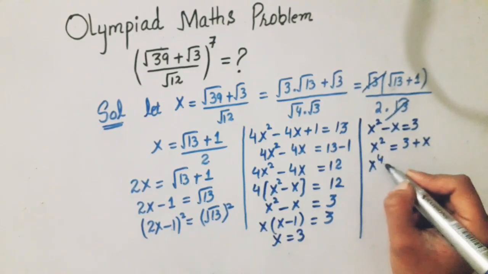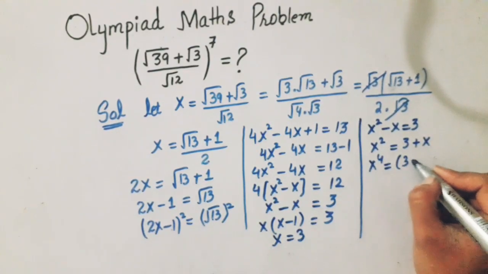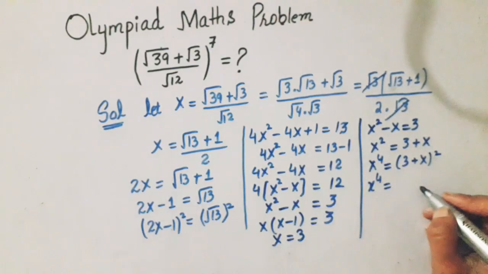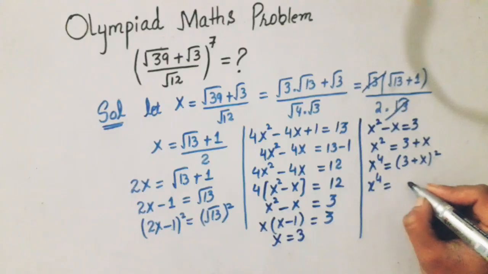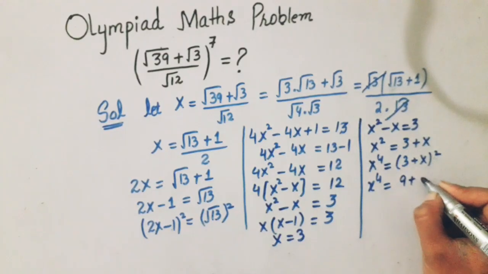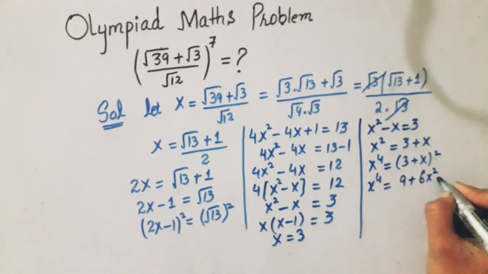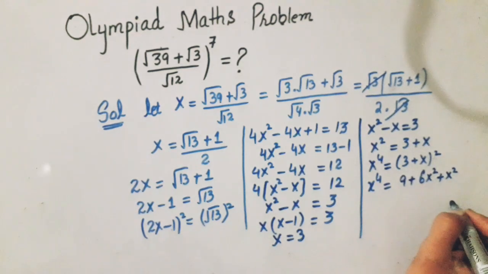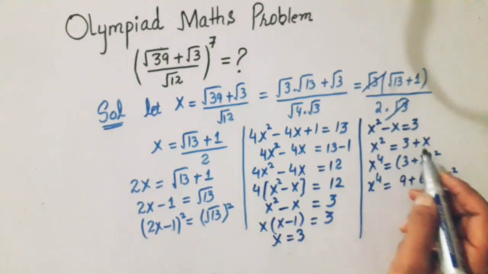Now x4 will be equals (3 plus x) whole square. That means x4 equals, now we will open this square and get 9 plus 6x plus x square. Again substitute the value of x square, that is 3 plus x.